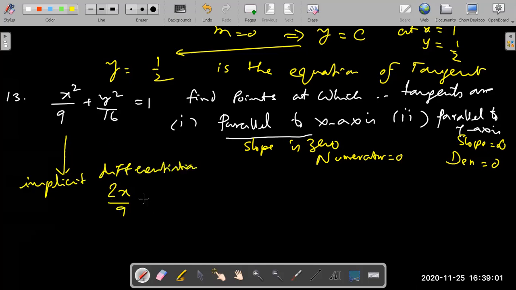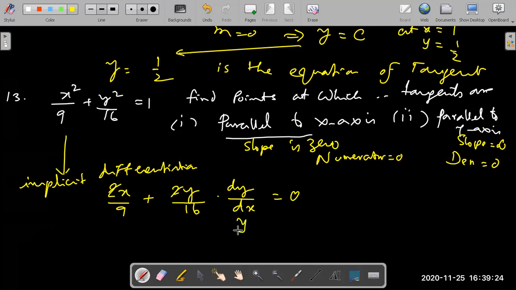You can just do the 2x by 9 plus 2y by 16 equal to 0. So differentiation of 1 is 0. Here when we do 2y by 16, we definitely have to write dy by dx, chain rule, multiplied by dy by dx equal to 0. So you can cancel off 2 entirely.